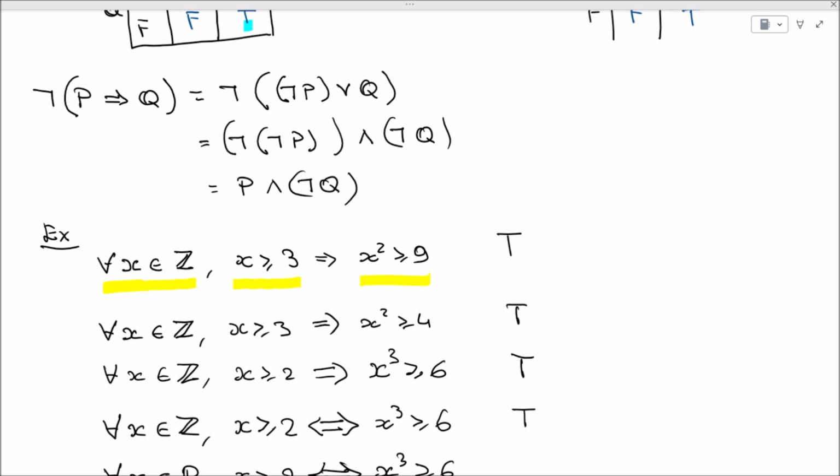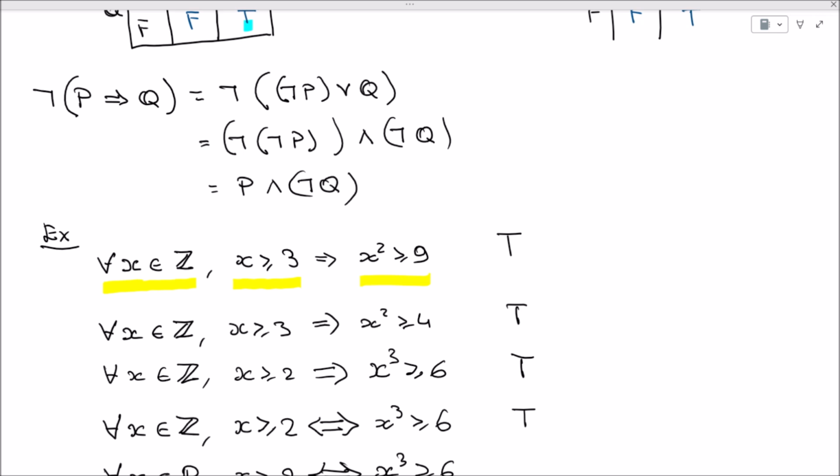So we can say that if x is larger than or equal to 2, then x to the cube is larger than or equal to 6, even in the real numbers, because every number to the right of 2 will give rise to a cube which is larger than 8, therefore is larger than 6.